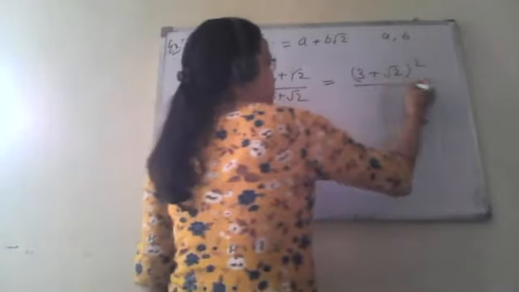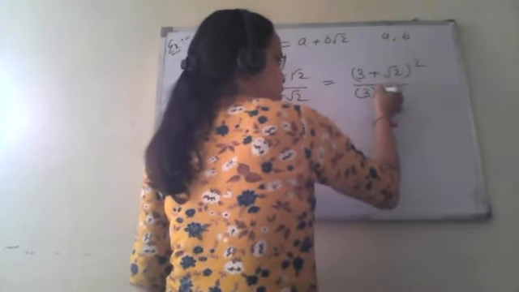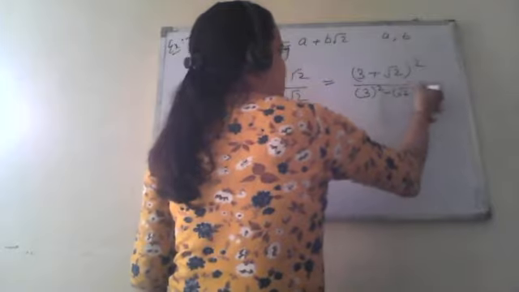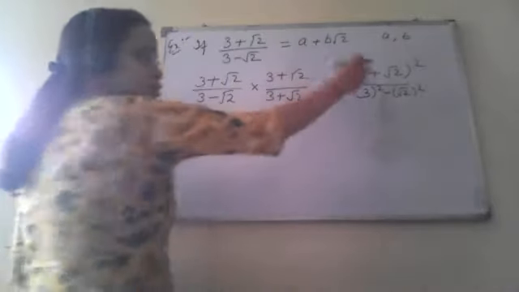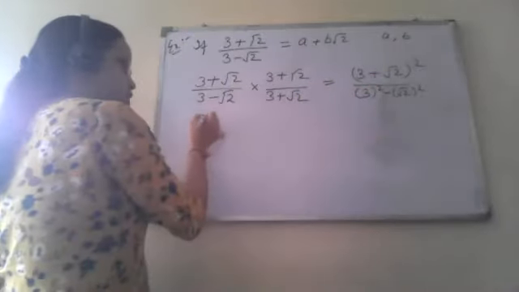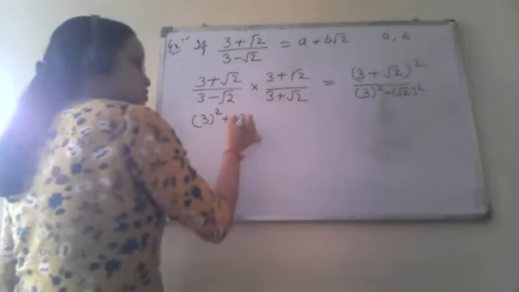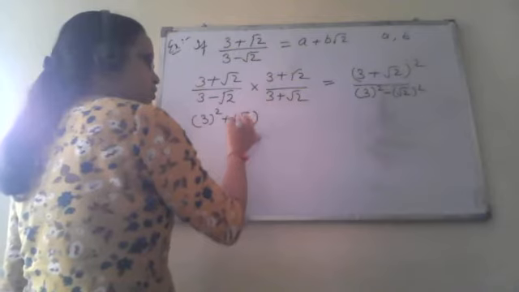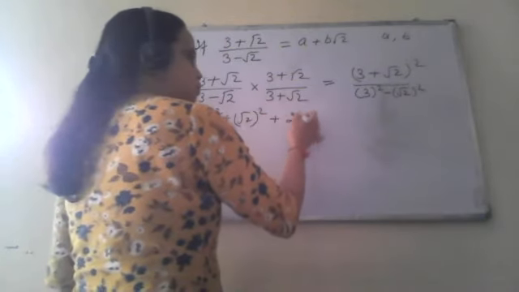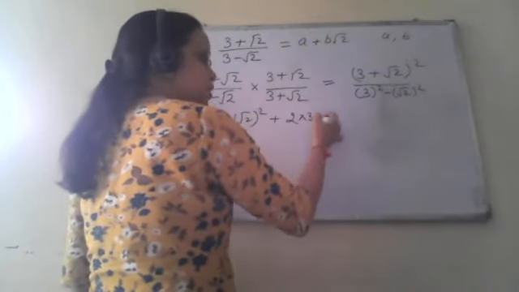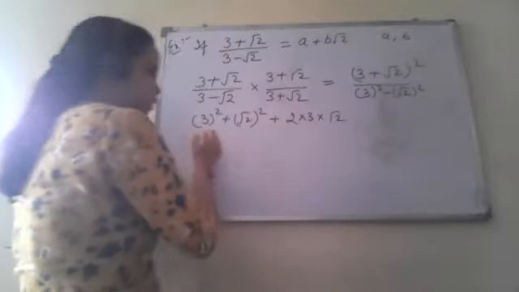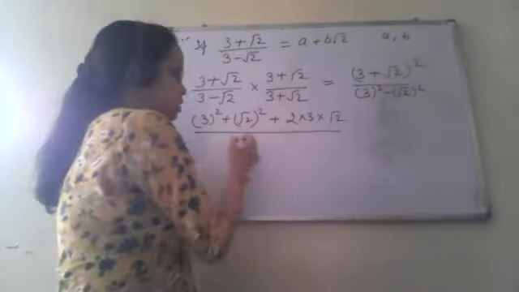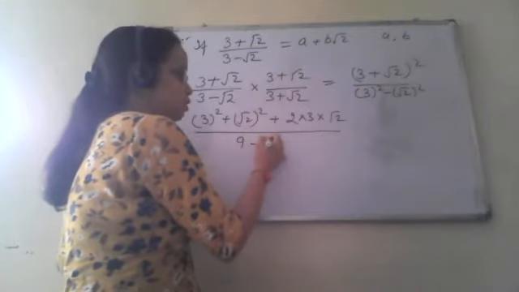So it will be a square minus b square. Okay. So what is a plus b whole square? It is a square plus b square plus 2 into a, that is 3 into b. Okay. In the denominator we have 3 square is 9 and root 2 square is 2.